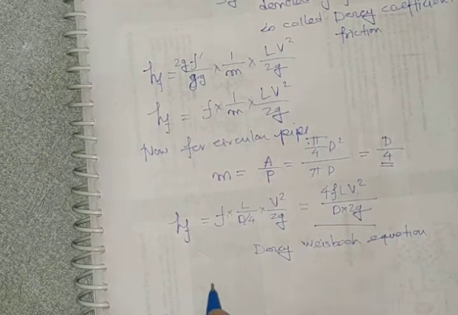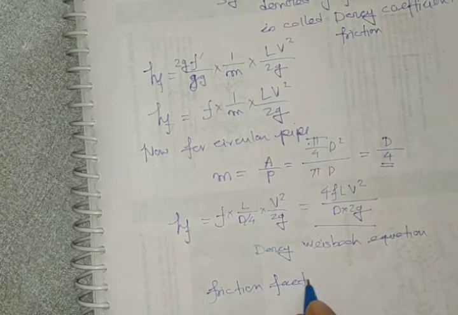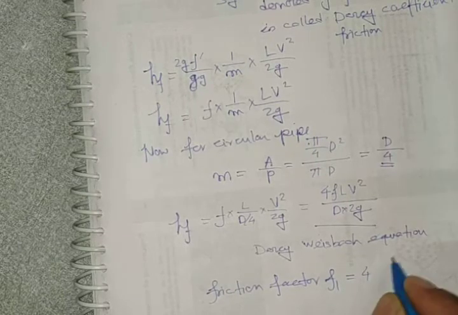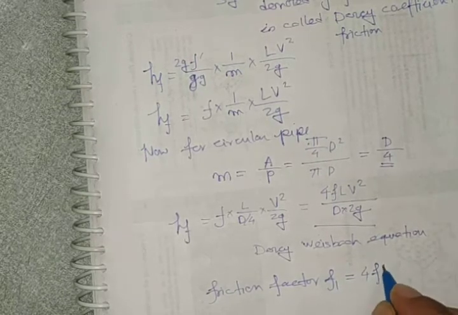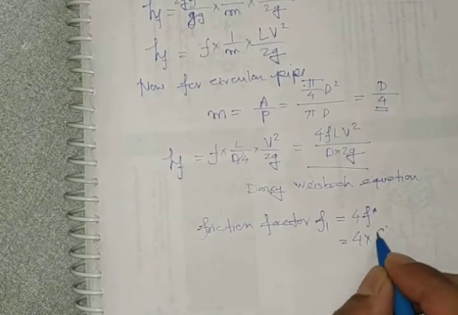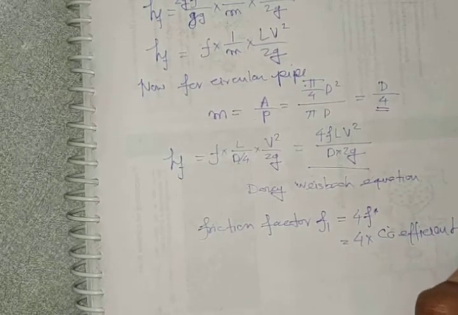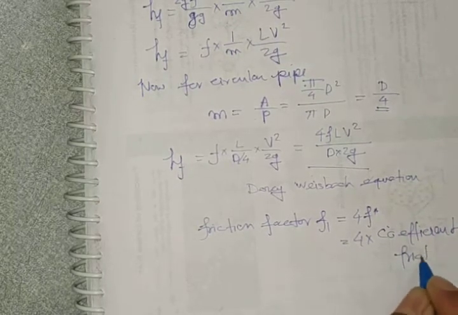There is another factor called friction factor. Suppose this is f1, which is equal to 4 f, that is 4 into the coefficient of friction.